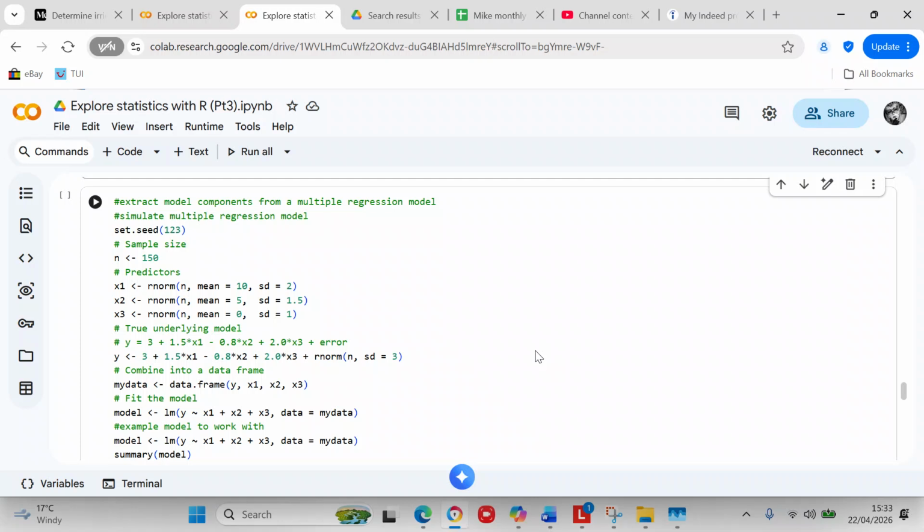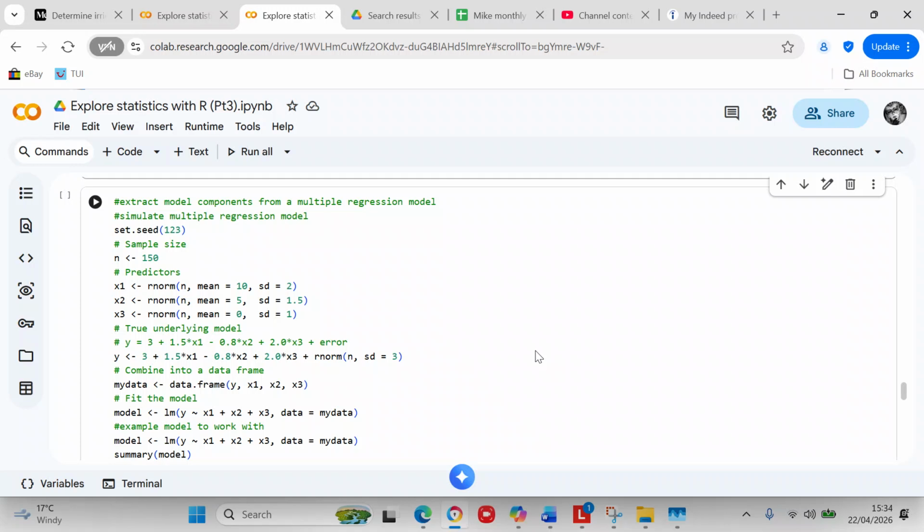So now what we want to do is extract model components from a multiple regression model. We're going to simulate a multiple regression model to show that. And the first thing that we're going to do is set our seed, so every time you run the program, the variables are going to be set up to the same values.